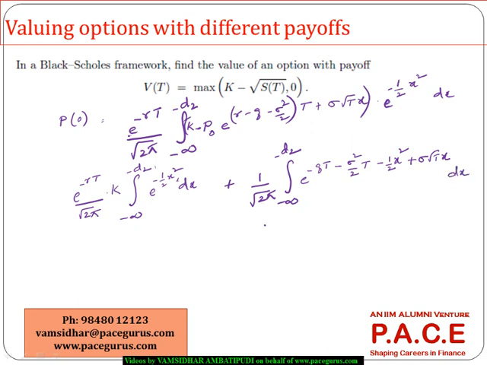Now probably if I am looking at this part, let me look at this part wherein it is coming out to 1 by root 2 pi, from minus infinity to minus d2, sigma root t x, whereas x squared sigma squared by 2 into t.